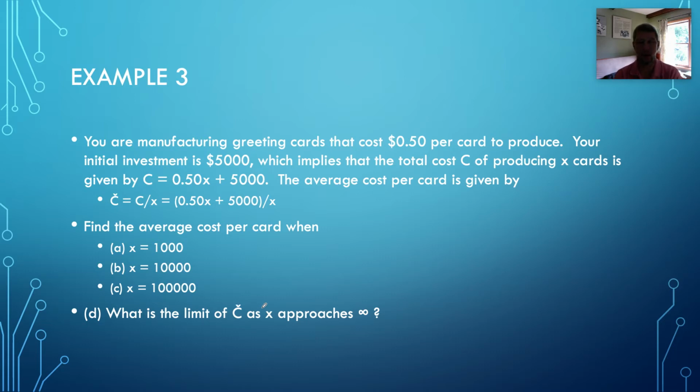Now, the average cost per card is going to be C with a little bar over it, and that's going to be C divided by x, the cost divided by the number of cards that you produce. And so that's going to equal 0.50x plus 5,000, all divided by x, the number of cards that are produced.